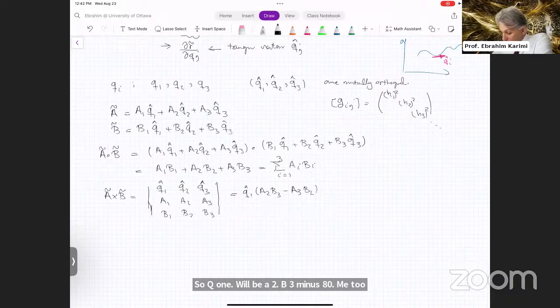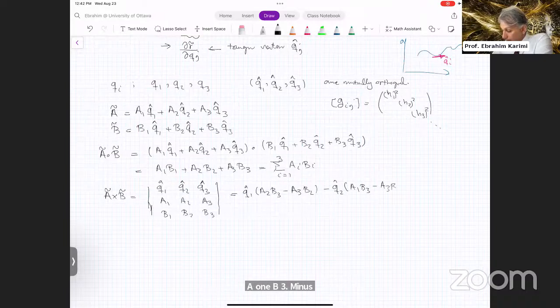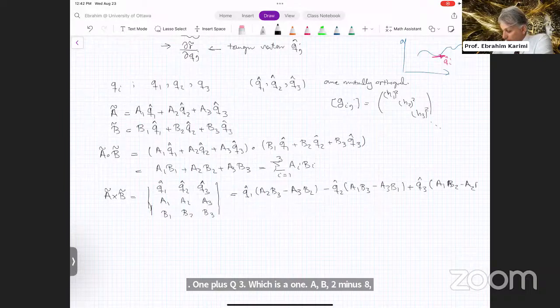So Q1 will be A2 B3 minus A3 B2, and the other one will be minus Q2 times A1 B3 minus A3 B1, plus Q3 times A1 B2 minus A2 B1.